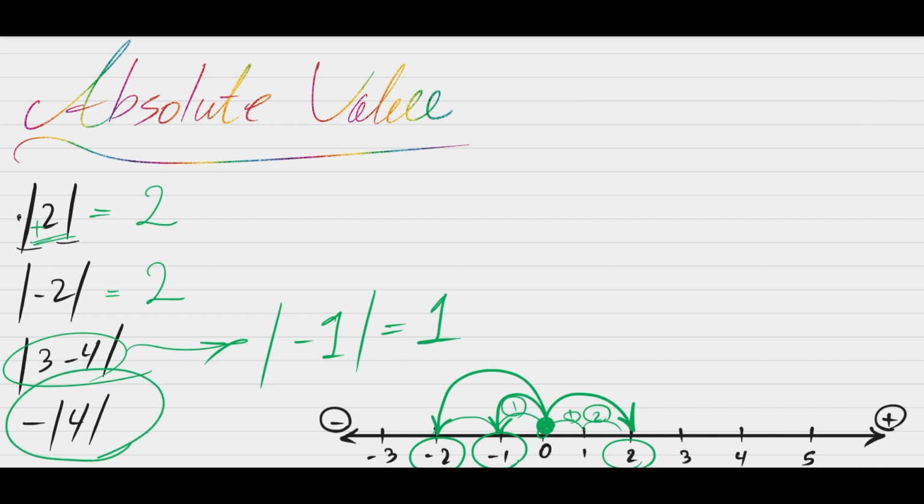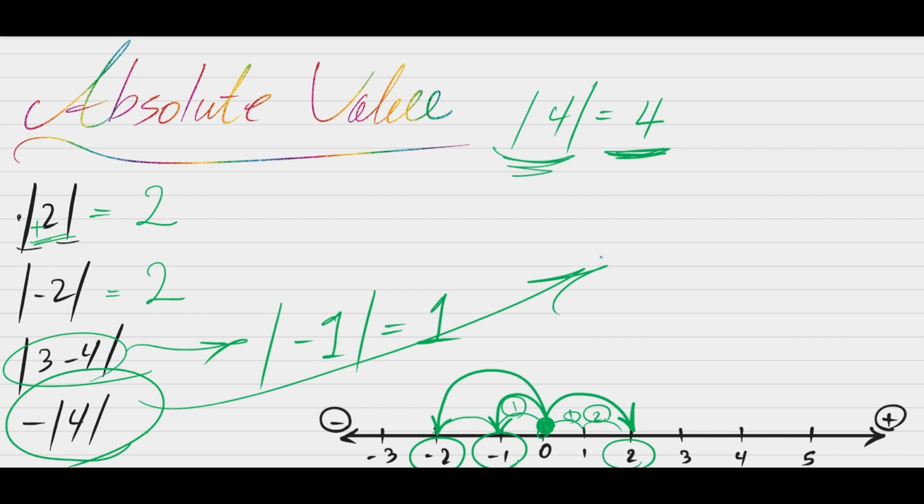If we have the opposite of the absolute value of a positive 4, well, we have to do what's inside the absolute value bars first. The absolute value of 4, the distance of 4 from the origin, the distance of 4 from the 0, will be just 4. So if we simplify the last example and we write 4 instead of absolute value of 4, we will have negative 4.